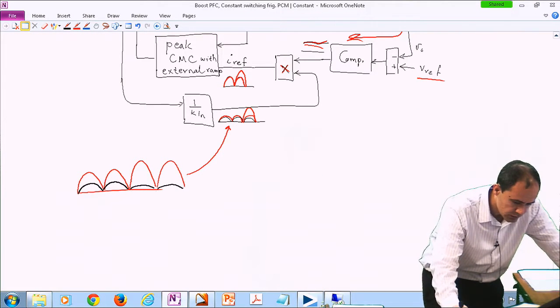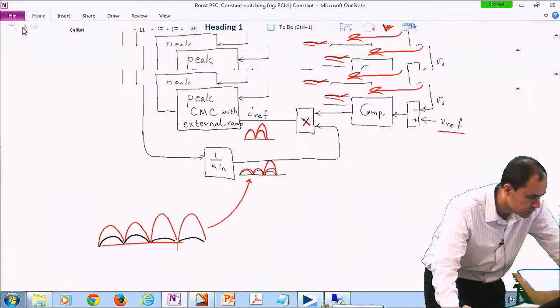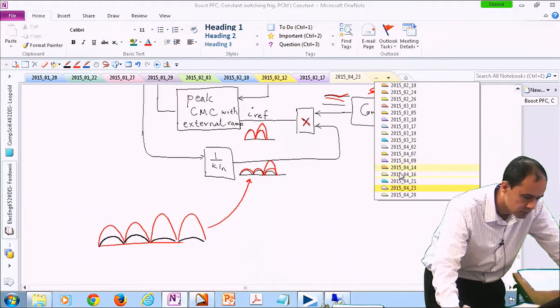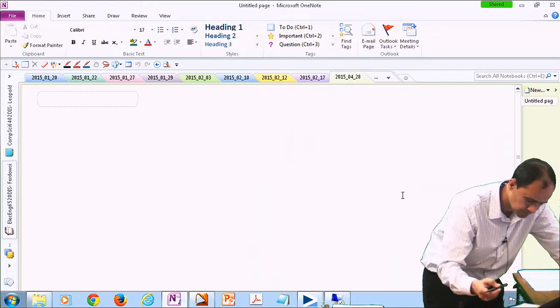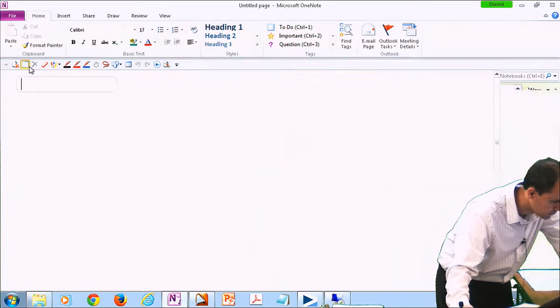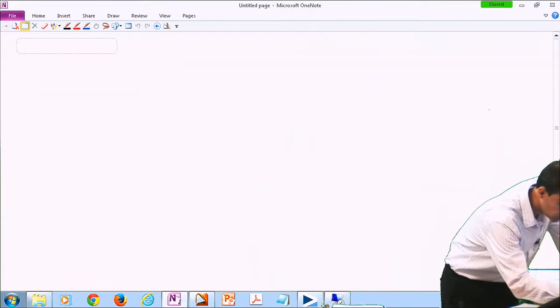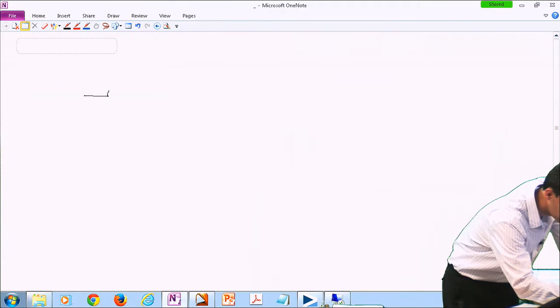So what they do is, let's go to a new page. Okay, so you have your power stage.